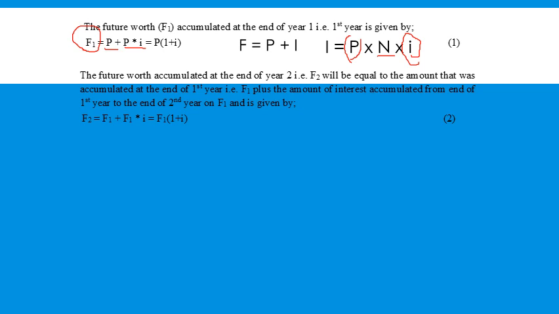As a result, F2 is equal to F1 plus F1 into i. Same notation, instead of P, I am using F1 here because F1 is the new P for the second year, and the total F2 is equal to F1 into 1 plus i.